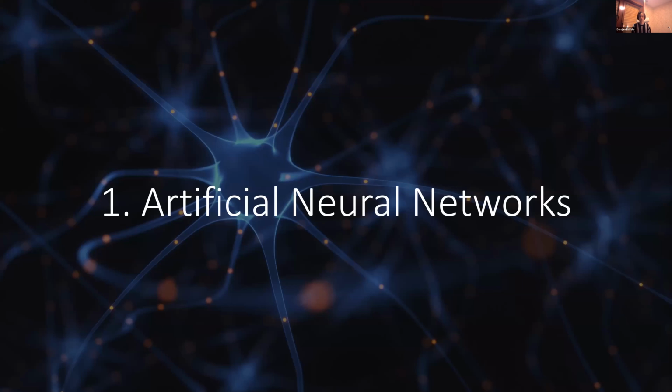Yeah, so let's first start with artificial neural networks. For those who might not know anything about them, I guess a good metaphor is to compare them to a human brain or human central nervous system, in a sense that artificial neural networks are also comprised of neurons that are connected together.